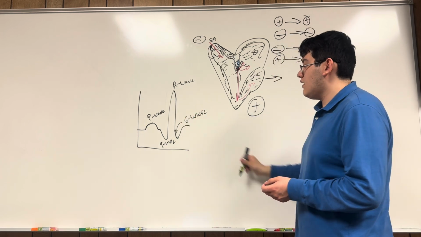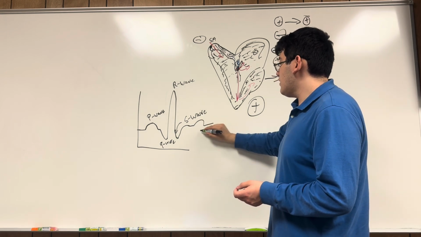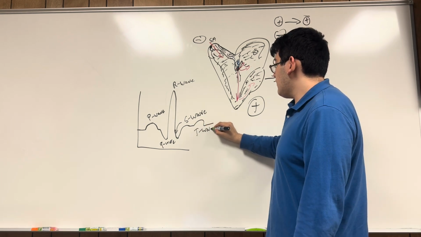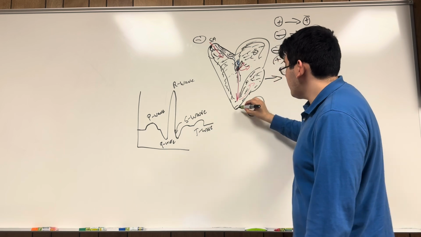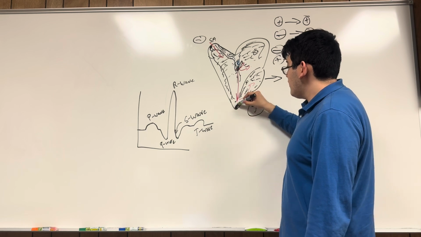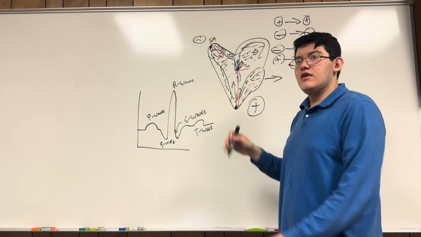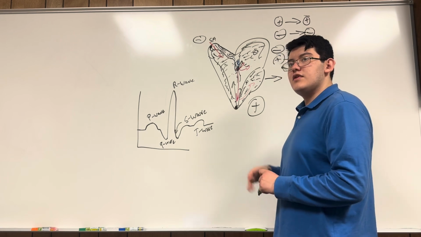Yes. And then once we start repolarizing, we do a T wave. This T wave is caused by us going from the apex of the heart, back from the positive to the negative side. Positive tail towards negative lead.